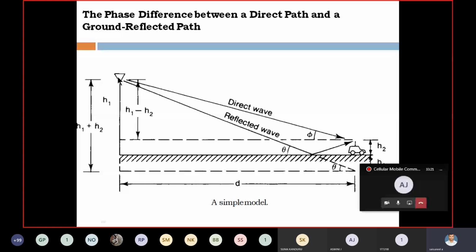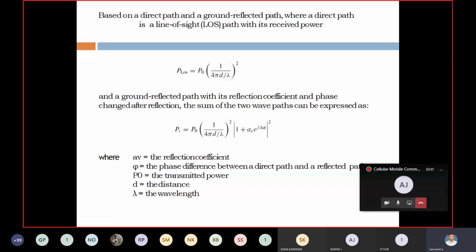Here P naught is how much power is transmitted from the base station. This is transmitted over the distance d with a wavelength of lambda. Based upon this, the general formula of loss is P naught into 4 pi d by lambda whole squared.